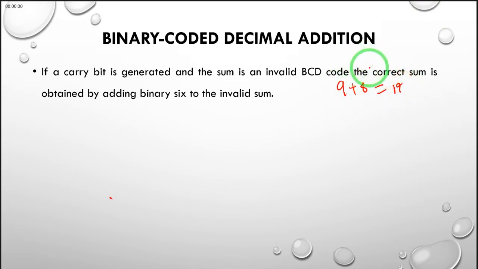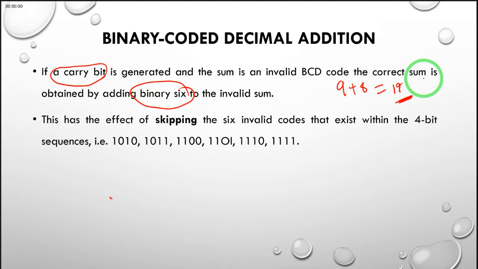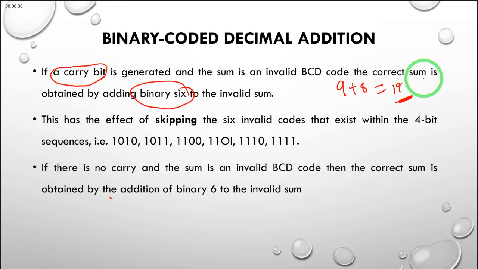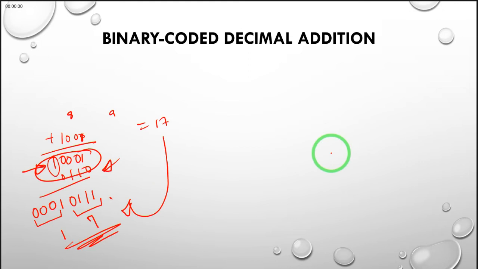There was a carry involved, and because we have found a carry, we have added binary 6 to the invalid sum, and we have been able to obtain 17 represented in its BCD format. The number 3 is this rule: if there is no carry and the sum is invalid, then the correct sum is obtained by just adding the binary 6. We will see that in the next example.